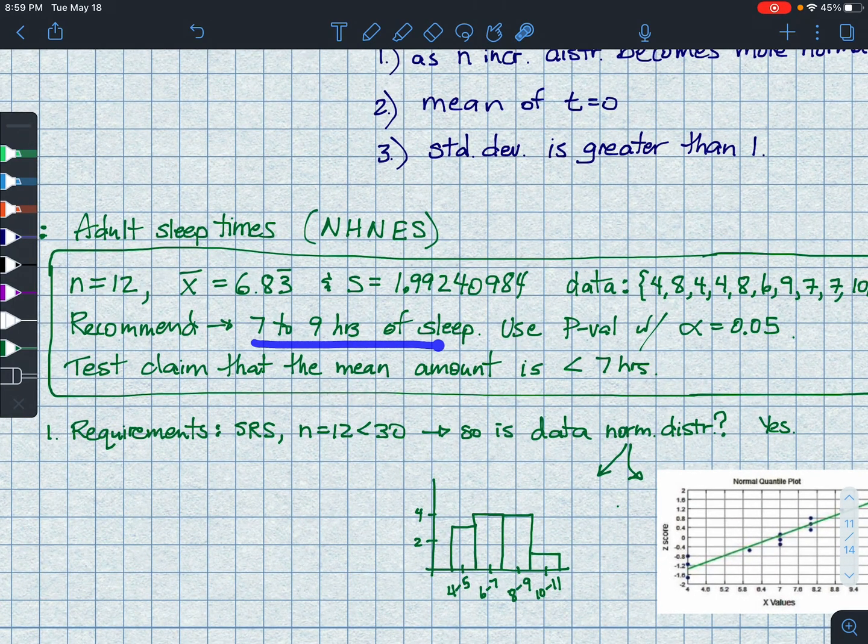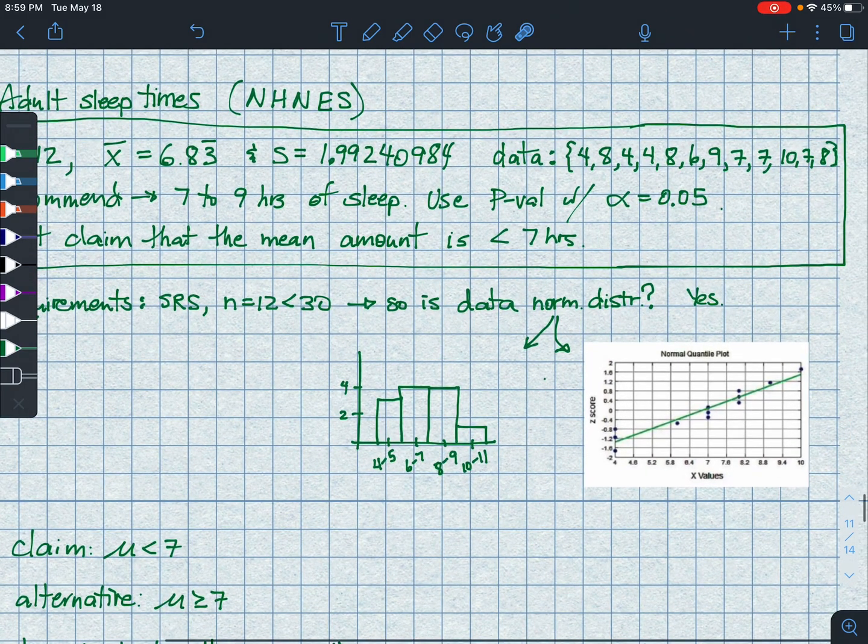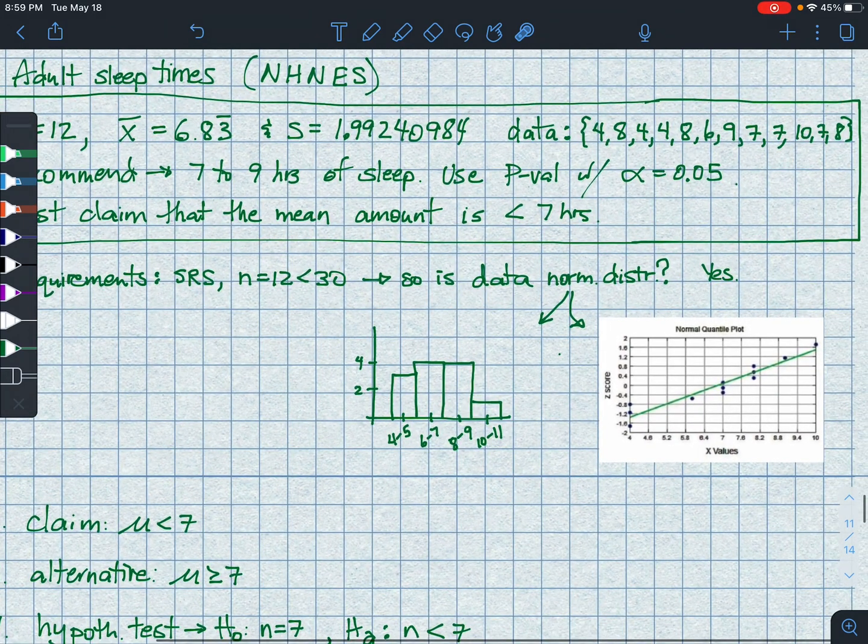We are recommended 7 to 9 hours of sleep as adults. So we're going to use the p-value, and our alpha tolerance is 0.05. Test the claim that the mean amount is less than 7 hours. So that's going to be our test, our claim.